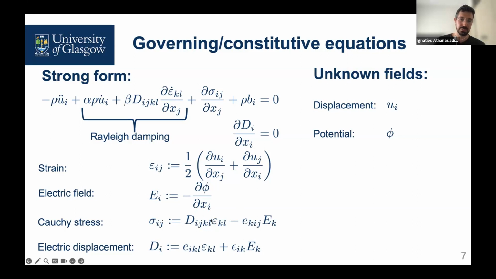This means that this is formally a fourth order tensor, e is a third order tensor, and epsilon is a second order one. But eventually, due to symmetries that arise, if you take this collection of D's, e's and epsilon matrices, you get out the matrix that was presented by Sakine and Sandy before, that is the coupling matrix of the two fields, namely displacements and potential.